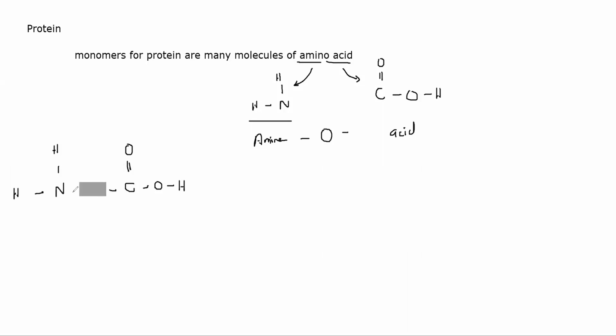What this box shows is that there are carbon atoms between them, maybe 5 carbon atoms, 3 carbon atoms, 2 carbon atoms. It does not make a difference to the formation of a protein, so it is not necessary to mention these carbon atoms. So we use a symbolic representation. This is one molecule of amino acid.